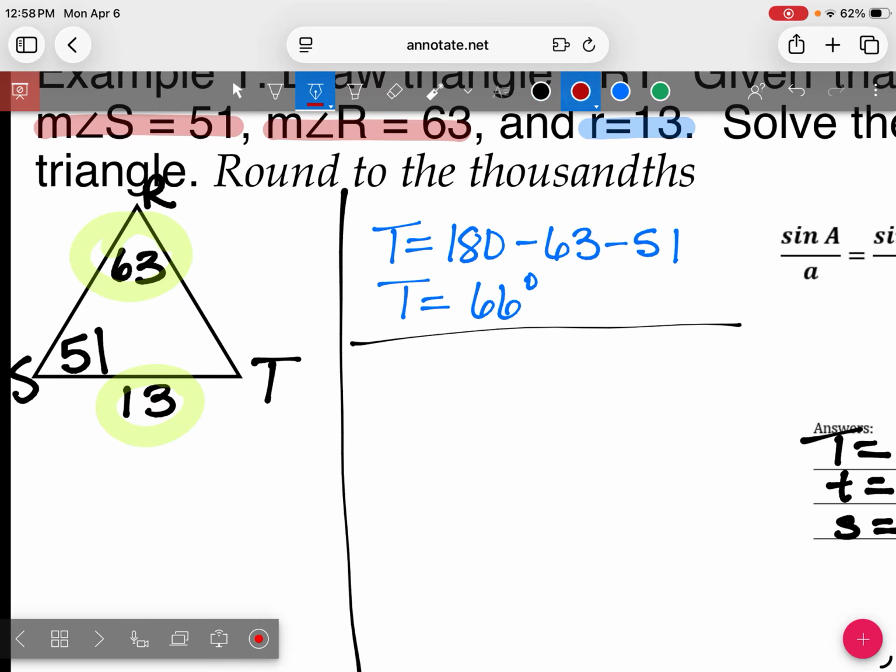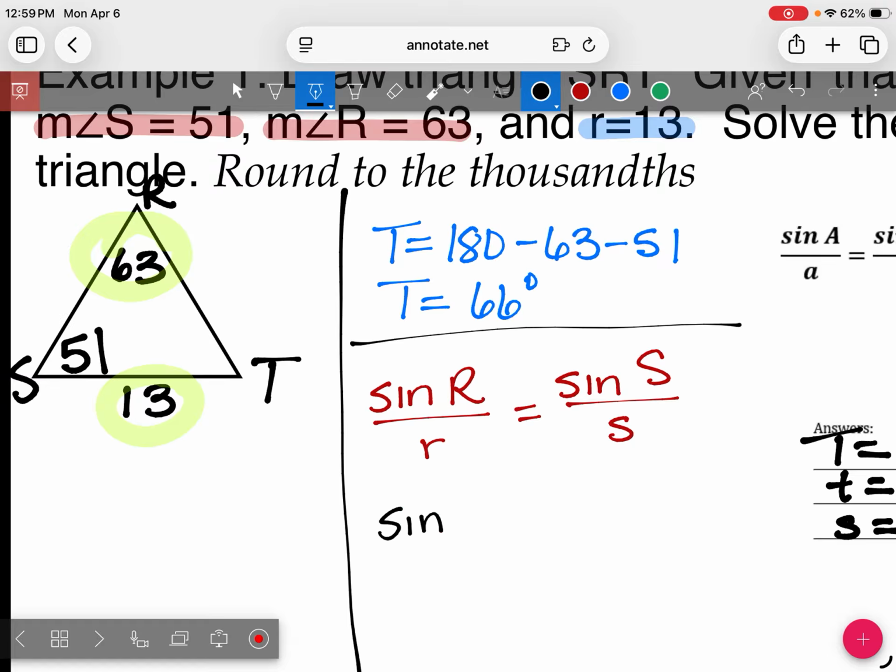The sine of big R over little r is going to equal, and depending on what we find next, I'm going to find T next. No, I'm going to find S. It would be the sine of big S over little s. That's what I mean when I say you only need to use two. All right, so I'm going to set it up. Sine 63 over 13 equals the sine of 51 over little s.